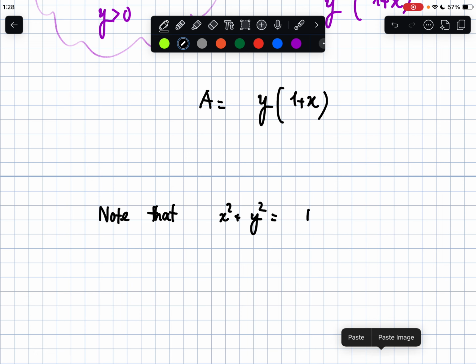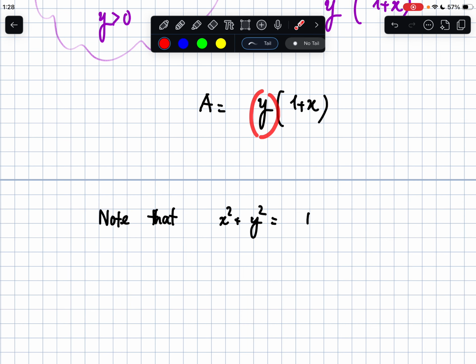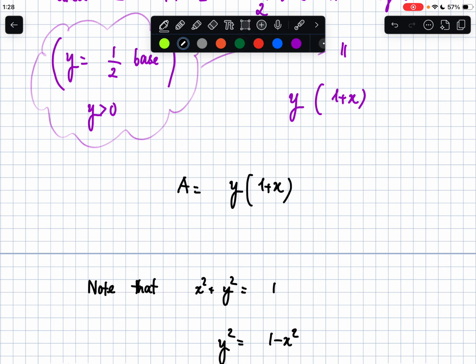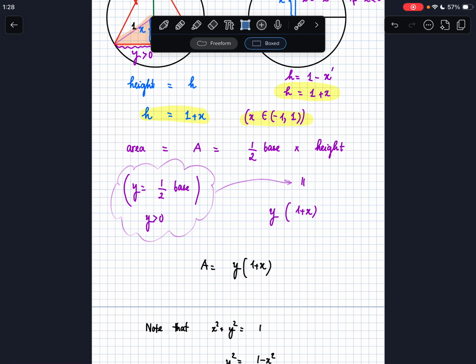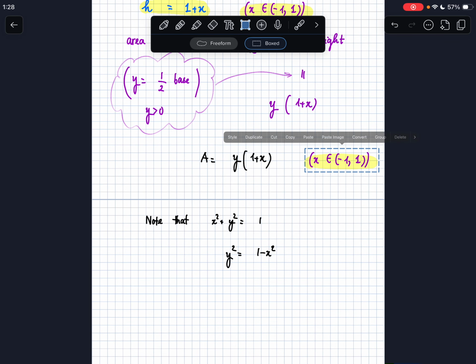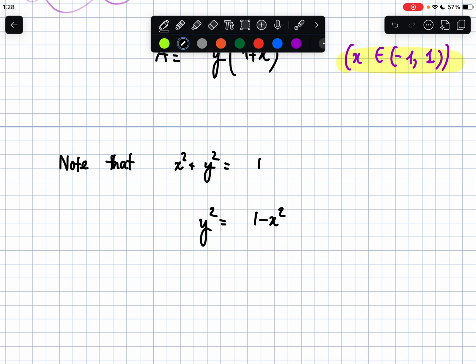And I can rewrite y in terms of x. y squared equals 1 minus x squared. Now take the square root of both sides. y is only positive, we don't need absolute value. y equals the square root of 1 minus x squared.